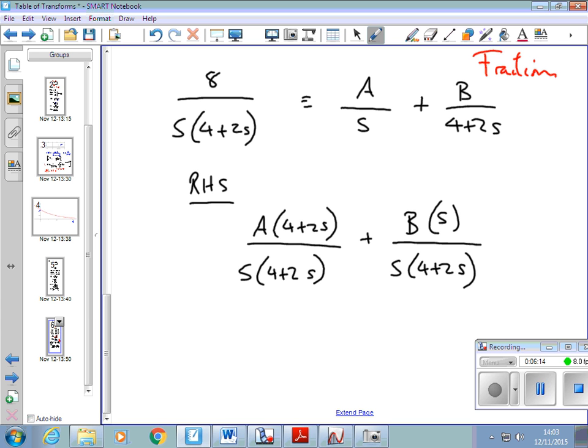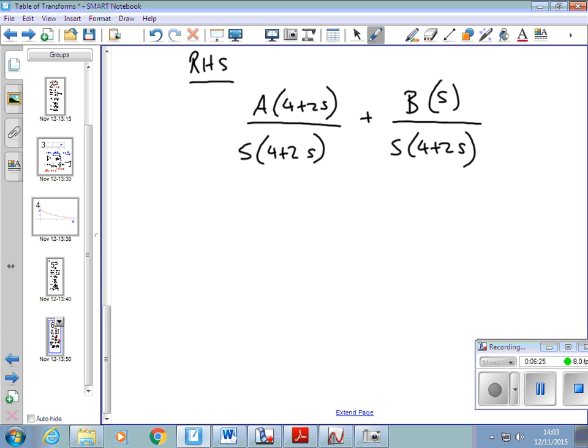Cross multiply, make the denominators the same. Because the denominator is the same, we can just add the numerators. A times 4 plus 2S plus BS, don't need the bracket anymore, over one lot of S times 4 plus 2S.